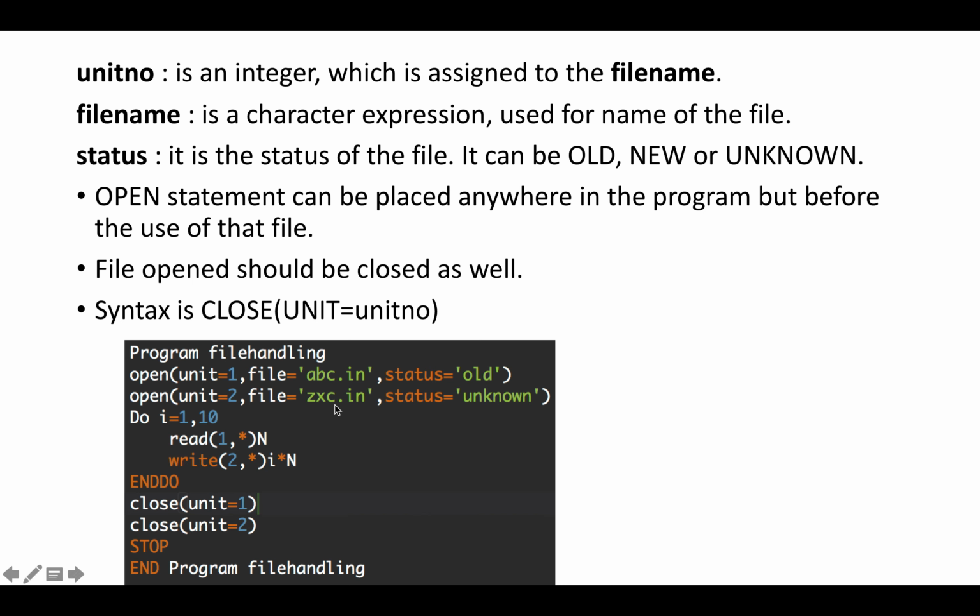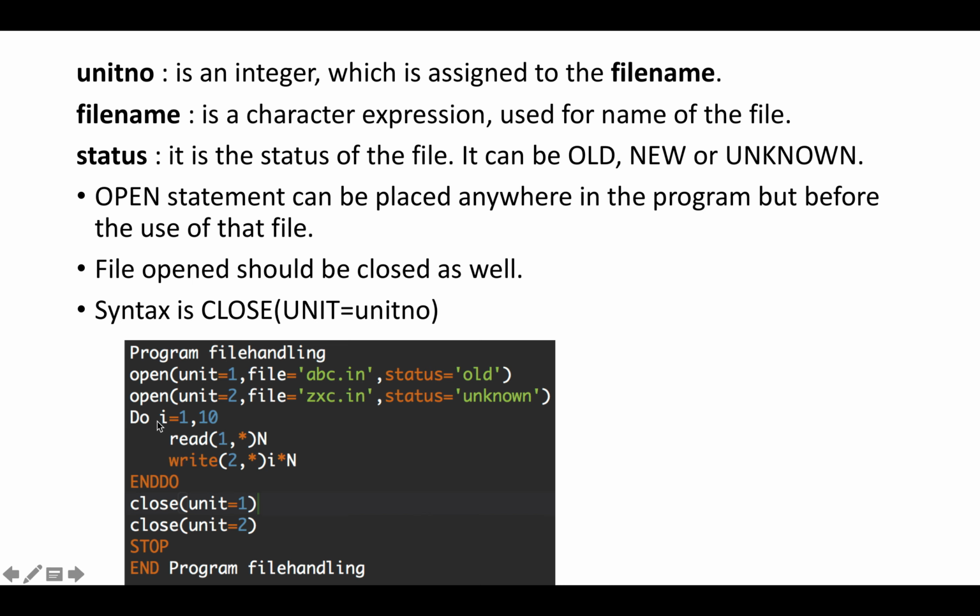The second file I use to write onto, but I have not made this file. So that is why I wrote the status as unknown, because I don't know whether a file named zxc.in already exists in the system or not. So I kept it as unknown.